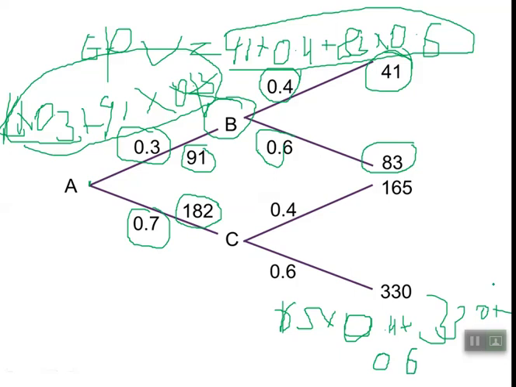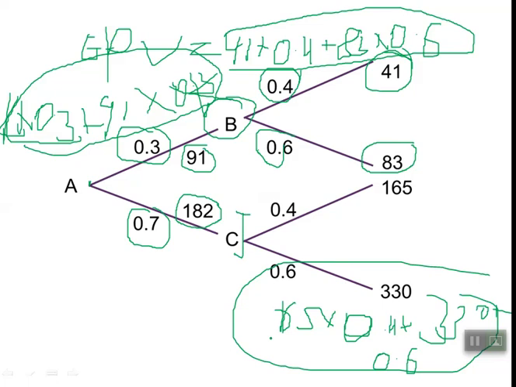So you are getting now the value here, which we can call maybe J, the value we are getting here for these two. Now once you get the value here for these two, then you can get the value here.